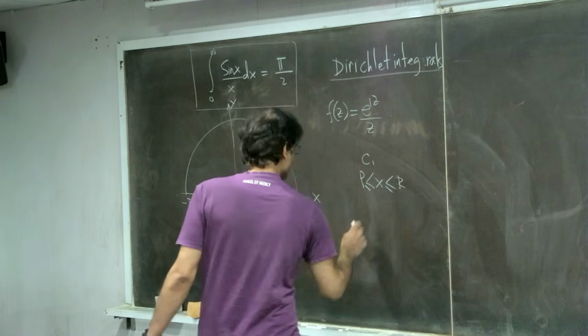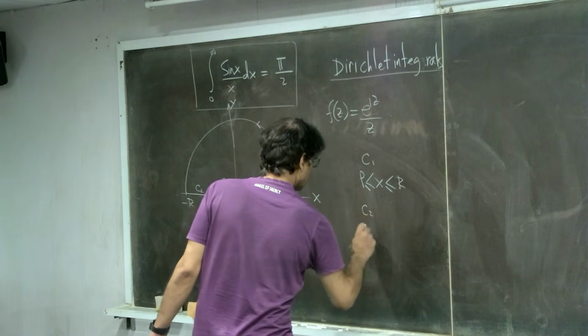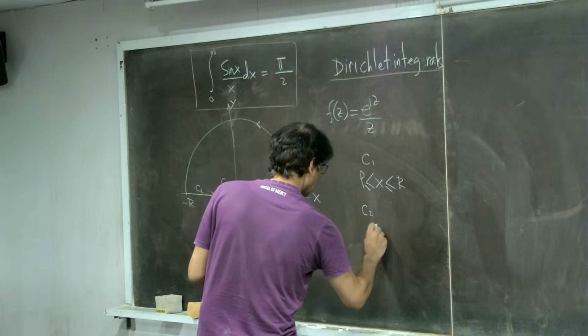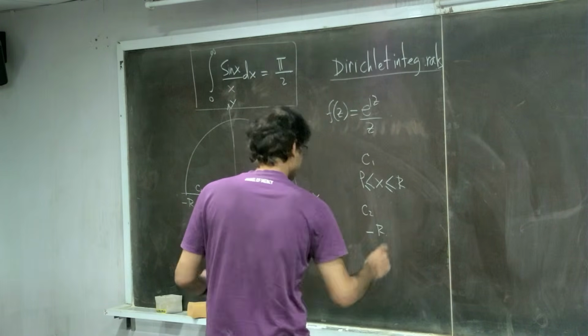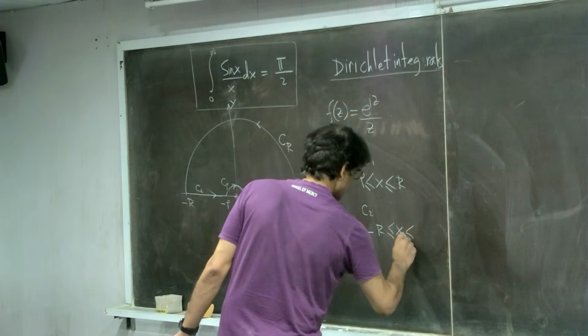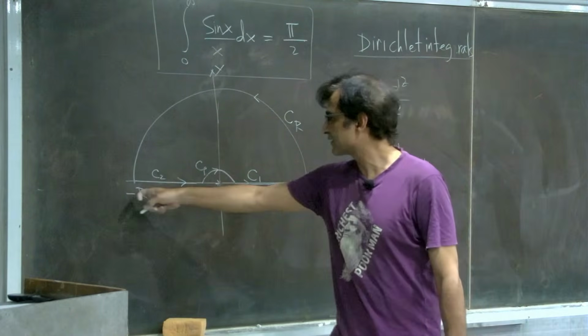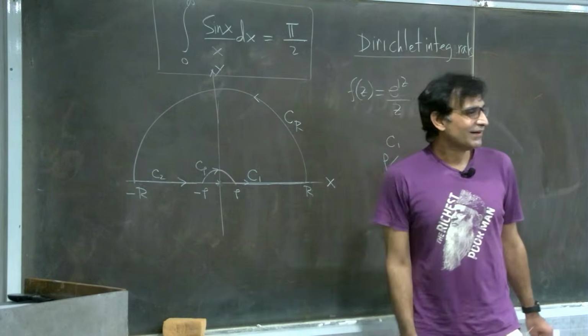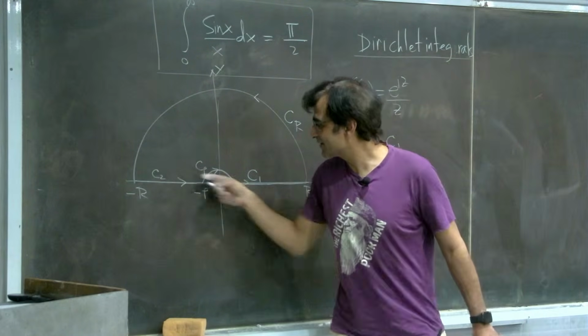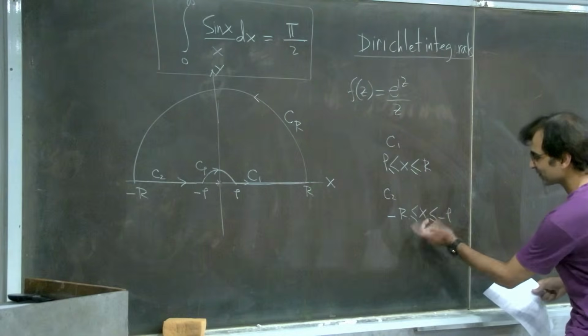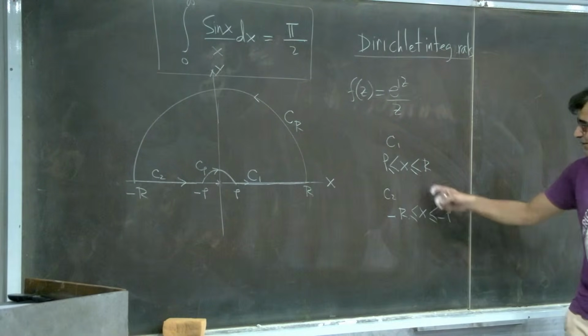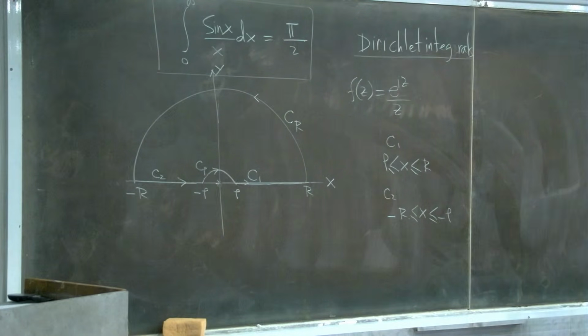And then for C2, you can write minus r is less than or equal to x, is less than or equal to minus rho, right? Because this is more negative than this one. But you see, if I go from this direction, then the limits will reverse. And I can coincide the limits of these two. It means I can write them as the same integral then. I guess you got an idea what I want to say.